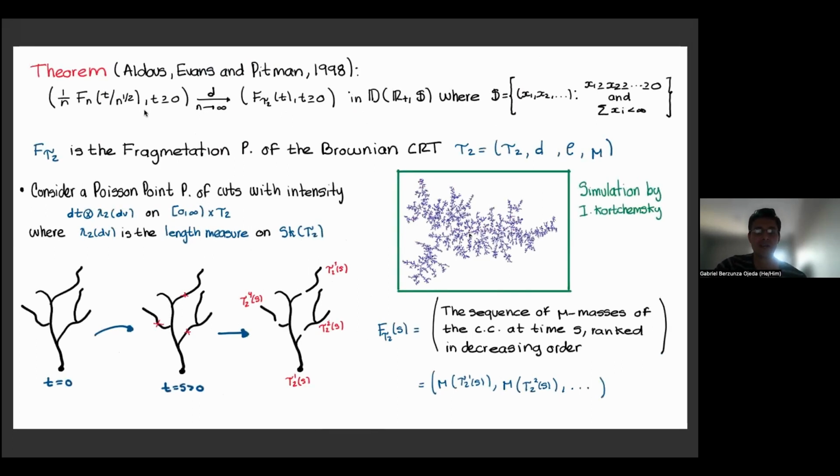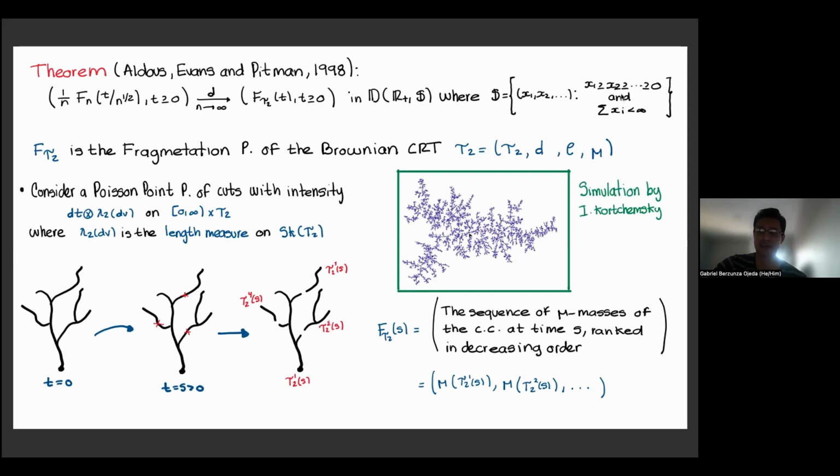If you rescale properly the space and time of this discrete fragmentation process, it converges to another fragmentation process. And the fragmentation process you get in the limit is the fragmentation process of the so-called Brownian CRT, essentially defined in the same way as in the discrete setting.